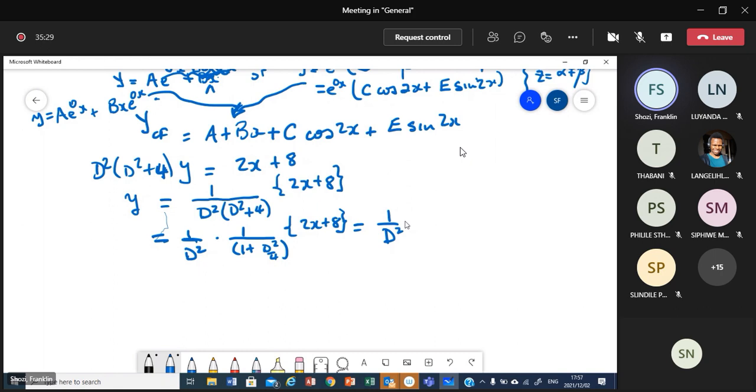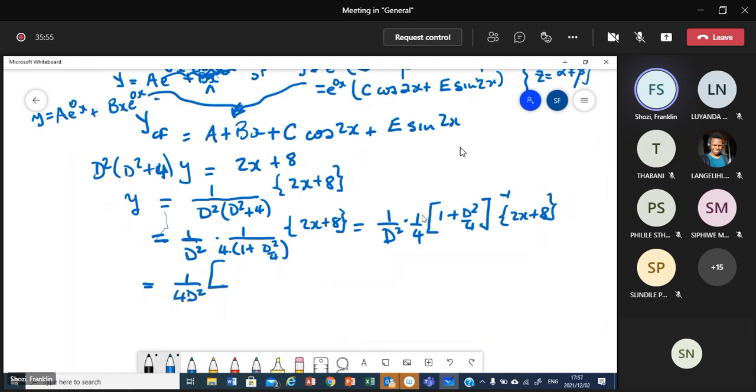And I've pulled out 4 as a common factor. Sorry, I must have a 4 outside here if I take it out. So 1 over 4, then that will sit on top as 1 plus D squared over 4, index minus 1, on 2x plus 8. That's 1 over 4D squared.